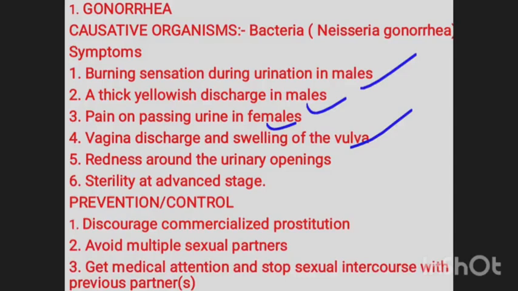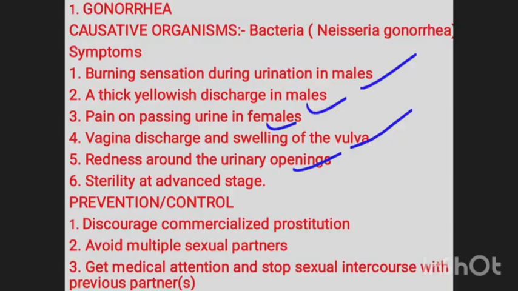Number five is redness around the urinary opening. So there'll be redness around the organ you use to urinate. These are the symptoms of one who is infected with gonorrhea.